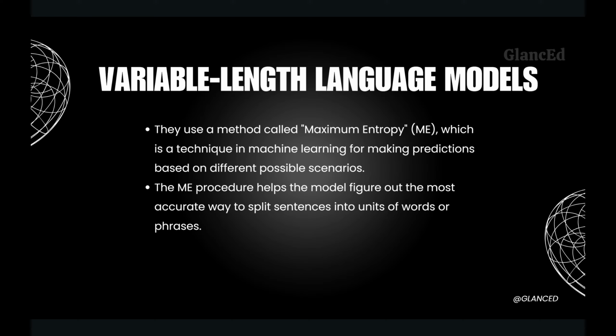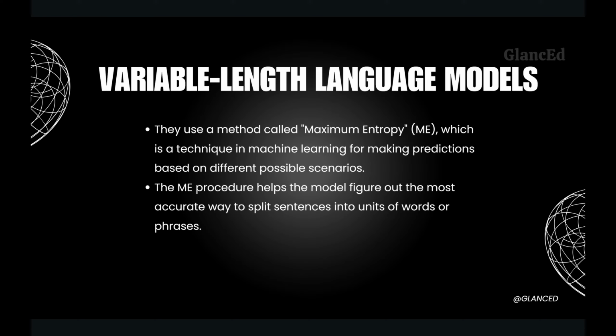See, there is a simpler approach that variable length language models will follow in order to predict the next word. I have not mentioned it here, but I'm telling you, if you want, you can note it down. The first thing is it will divide the sentence based on the criteria that is white spaces.